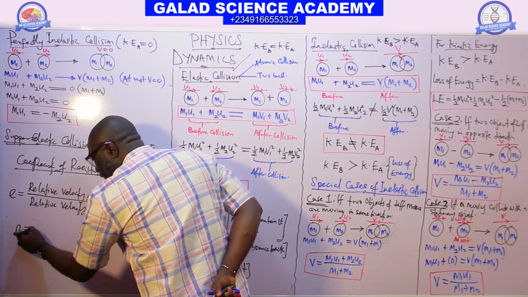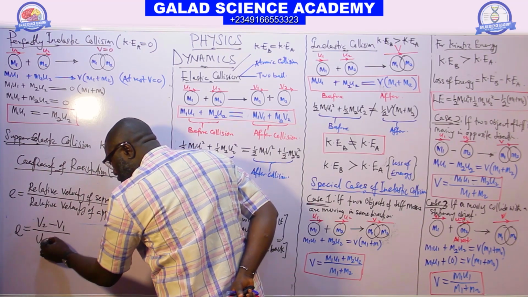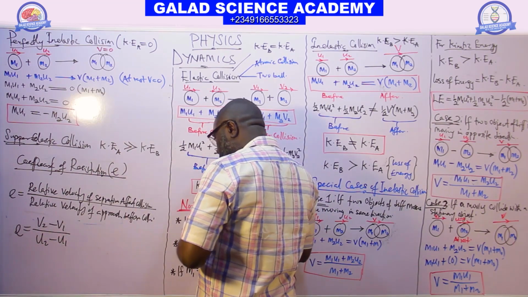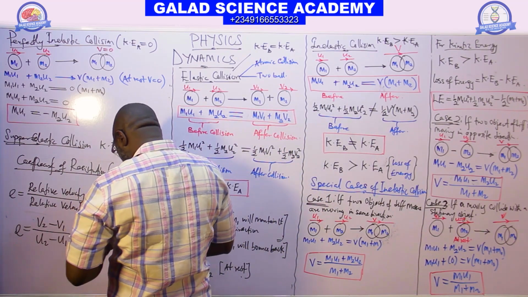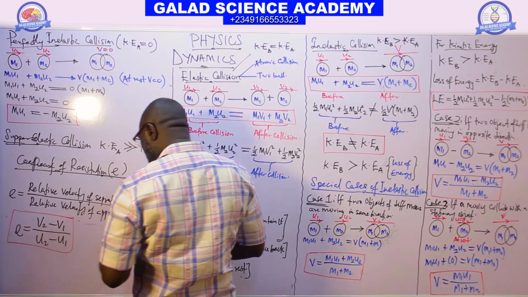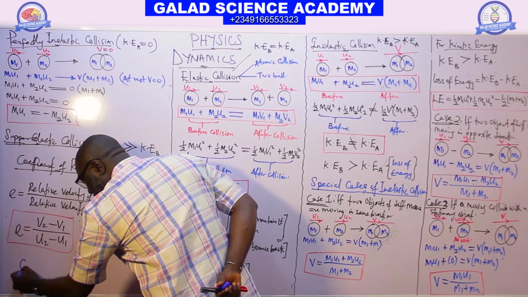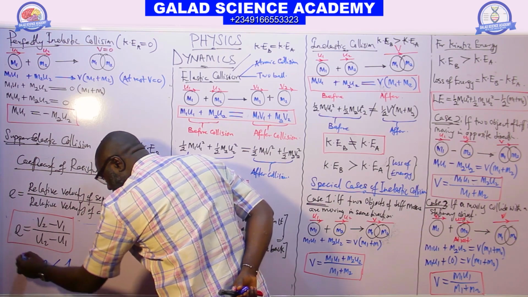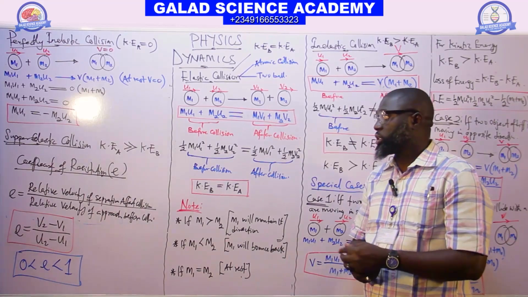So the coefficient of restitution is V2 minus V1 over U2 minus U1. This is the formula for the coefficient of restitution. And the coefficient of restitution E is between 0 and 1: 0 is less than E, which is less than 1.